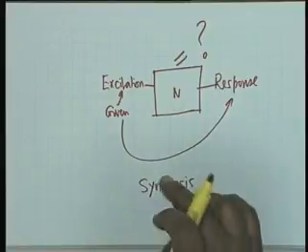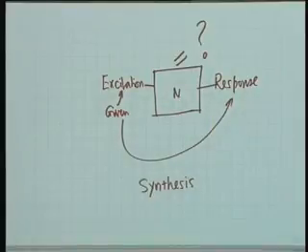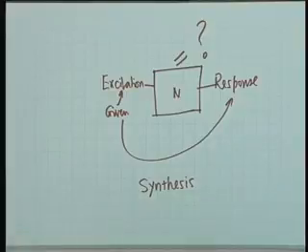So, it is either the excitation and response or some relationship between them which is given, and then you have to find the network. The problem of synthesis is much tougher than the problem of analysis. It is true that however difficult the problem of analysis may be, you will always be able to find a solution.